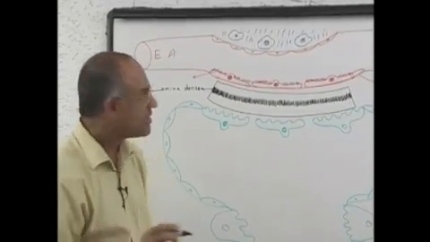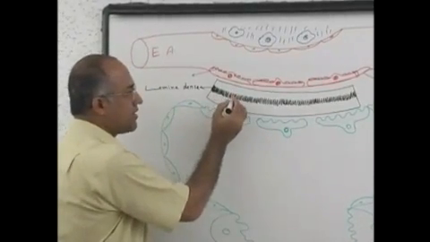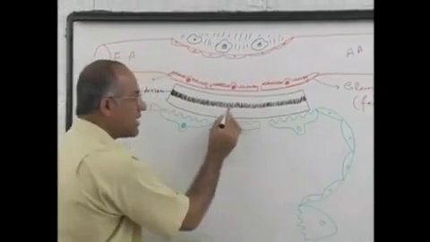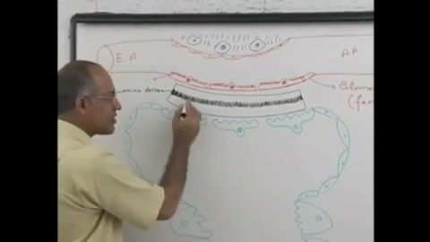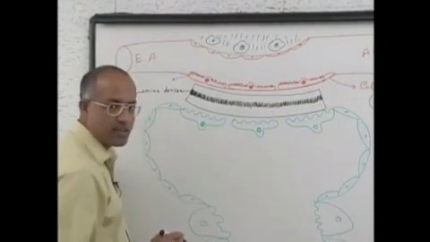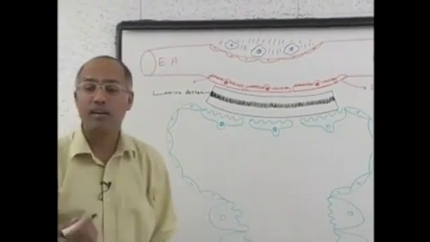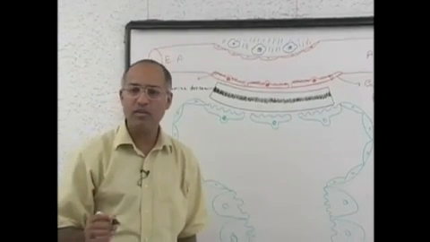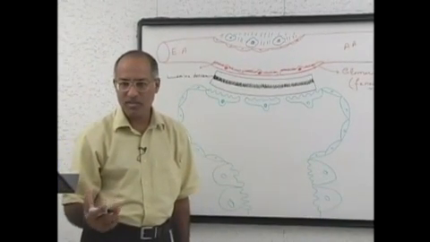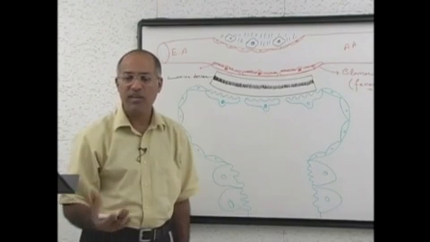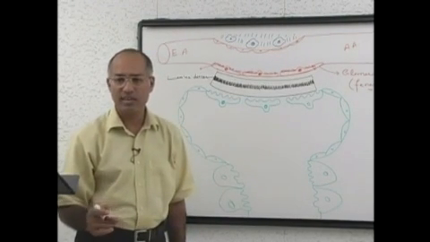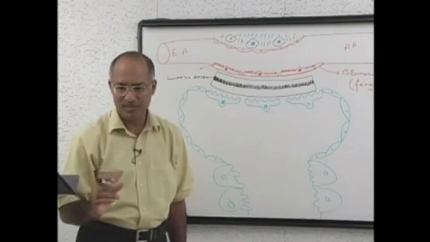We say that the basement membrane in the central area is strongly electron dense, but on the endothelial side and on the epithelial side, the basement membrane is relatively electron lucent. What is it? It is electron lucent, means that under the electron microscope it looks less dense. It shows some lucency. Is that right?